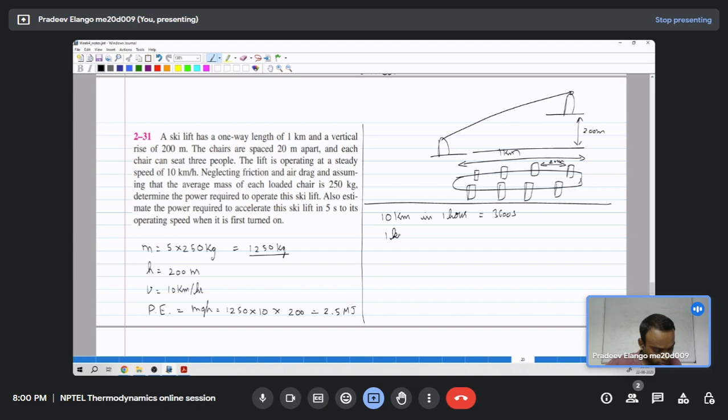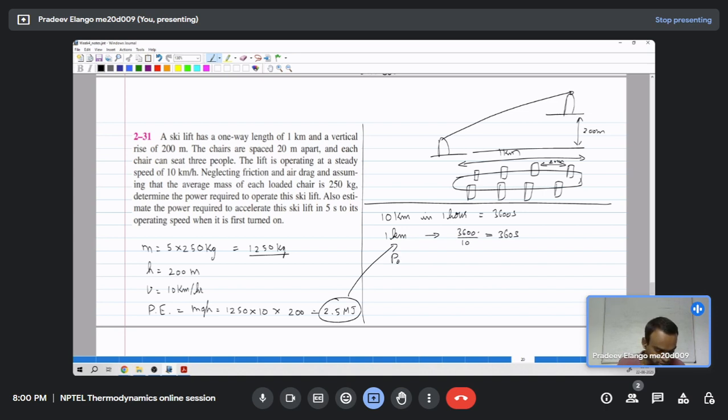Then 1 kilometer will be done in 3600 by 10, that is 360 seconds. So for every kilometer for the cable to travel, it will take 360 seconds. This energy has to be delivered in 360 seconds.